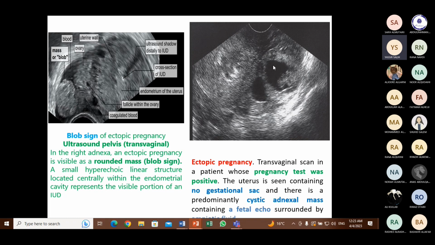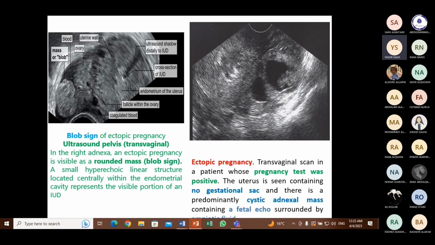If the patient has a positive pregnancy test with amenorrhea, abdominal pain and vaginal bleeding, and we do ultrasound and find a gestational sac in the fallopian tubes or in the adnexa, without any evidence of gestational sac in the uterus, then we strongly think this is an ectopic pregnancy: absence of gestational sac in the uterine cavity with a gestational sac in the adnexal region.